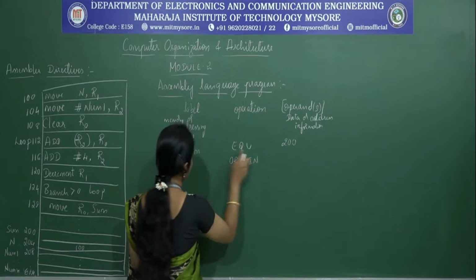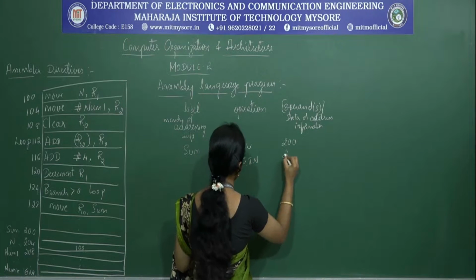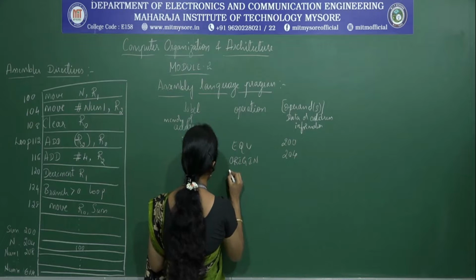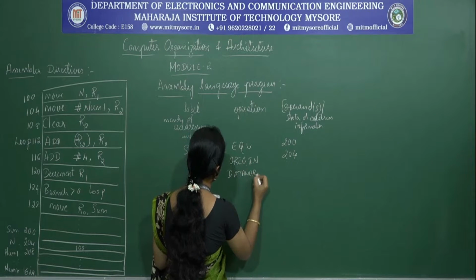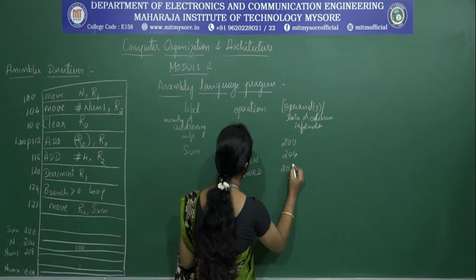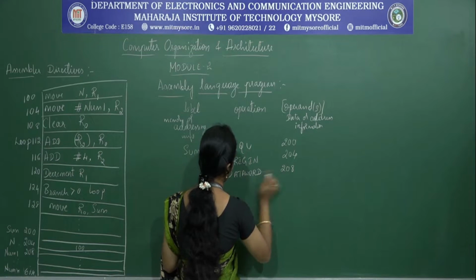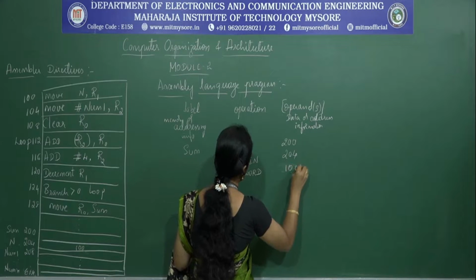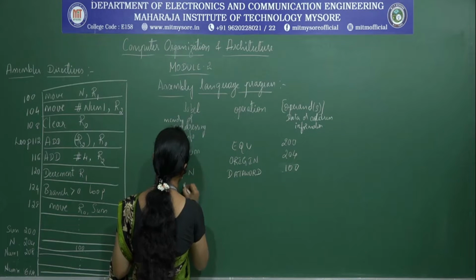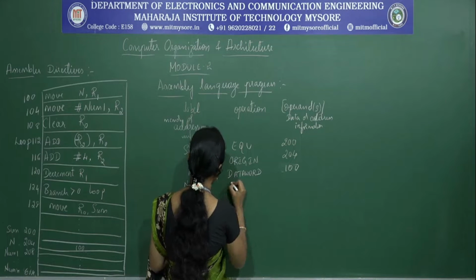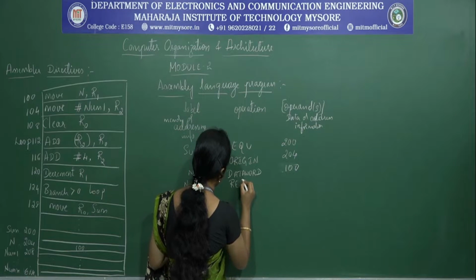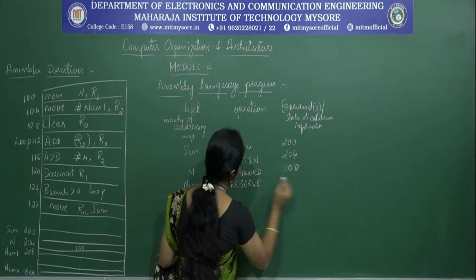Yes, SUM EQU 200, ORIGIN 204, next is DATAWORD 100, and the label for this is N. Next is NUM1, RESERVE 400.